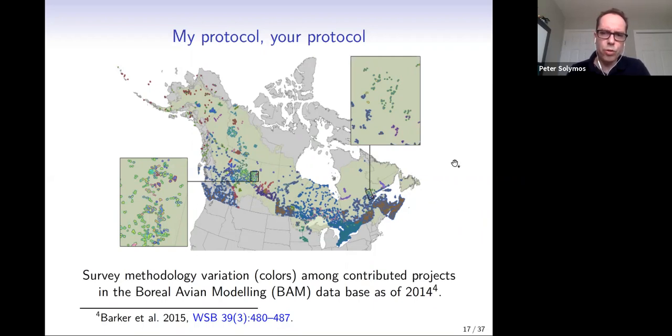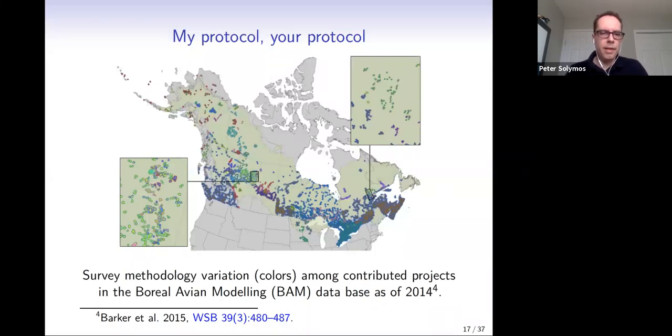This is just a map to show how you can get different kinds of methodologies across northern North America, and all the colors indicate a different method. Like the fill, the outline, those refer to the area sampled and the time intervals included. You can see this is a really colorful map. That means there are all kinds of methods out there.